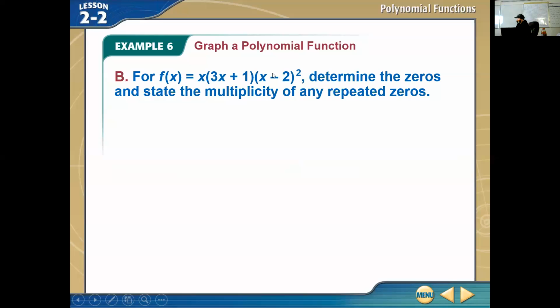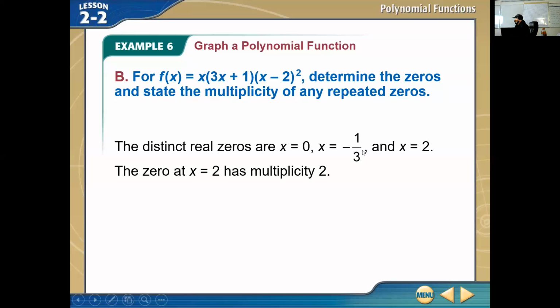Once we set this equal to 0, we're going to have x minus 2, but the squared means that it has a multiplicity of 2. So our zeros are x equals 0, x equals negative 1/3, and x equals 2 with a multiplicity of 2. And once again, they got all of these by setting these binomials equal to 0 and then solving for x.